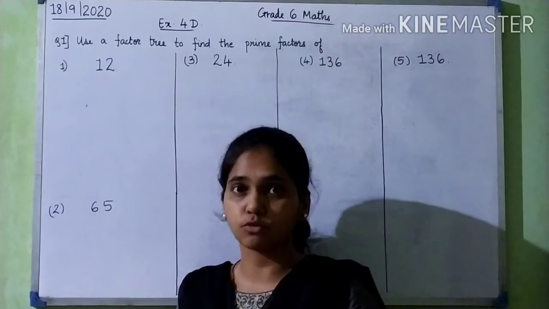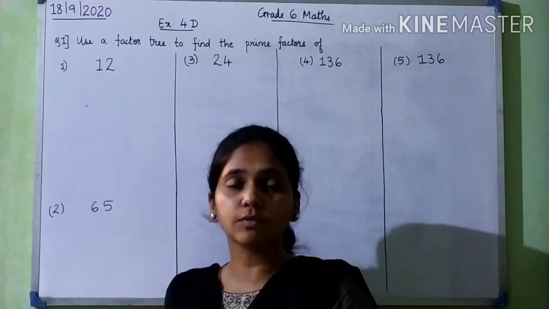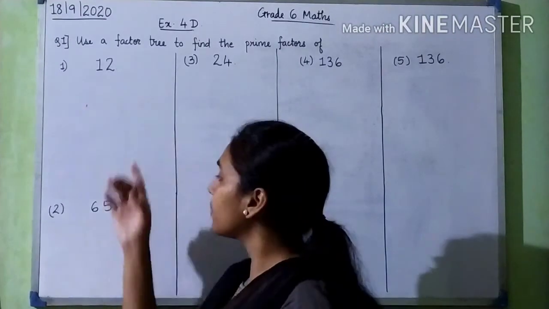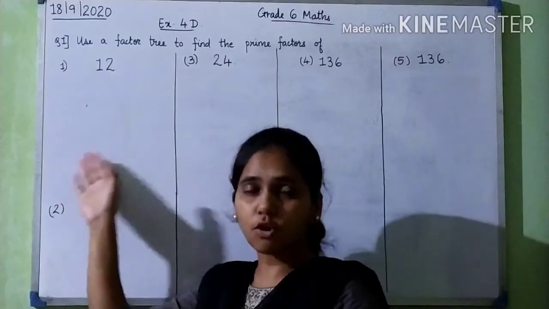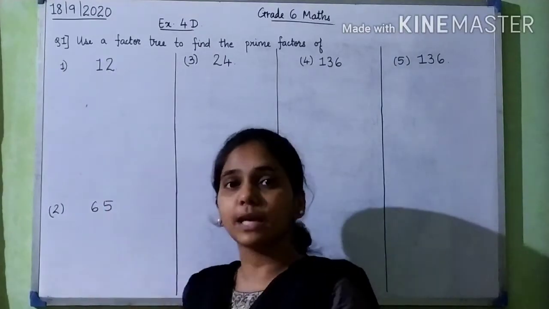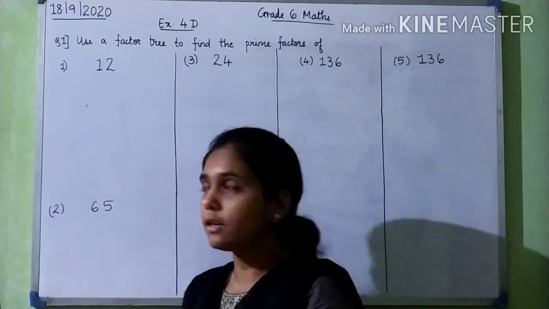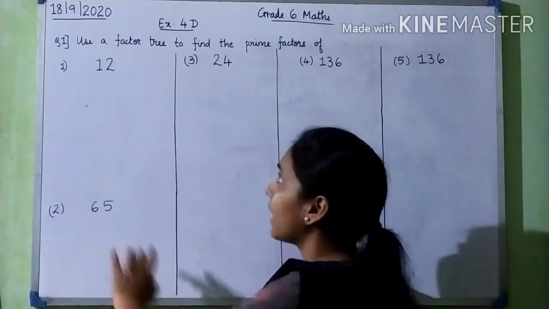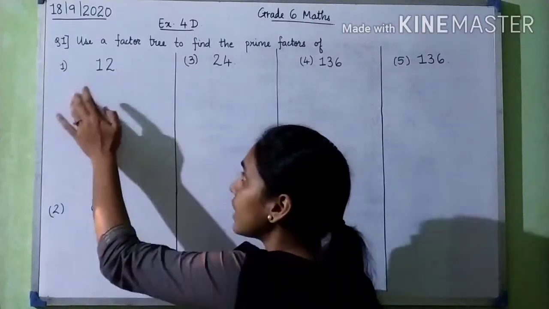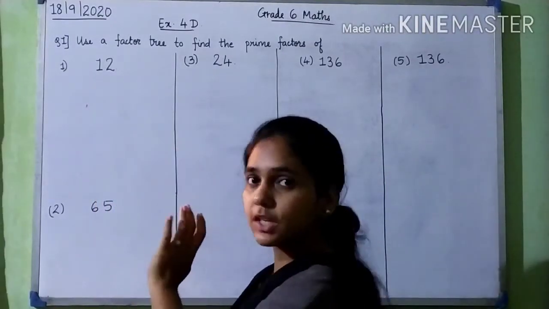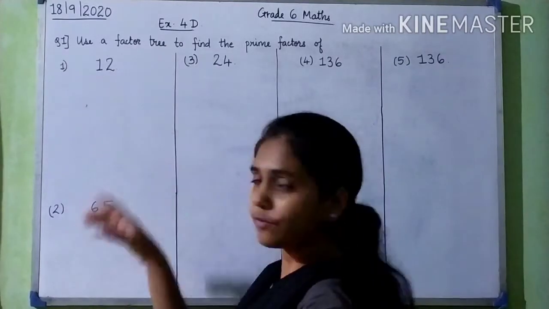Prime factors means the factors of the number which are prime numbers as well, like the given numbers 12, 65 and so on. We are told to use the factor tree. A factor tree means we write the factors of the given numbers in a tree diagram format.